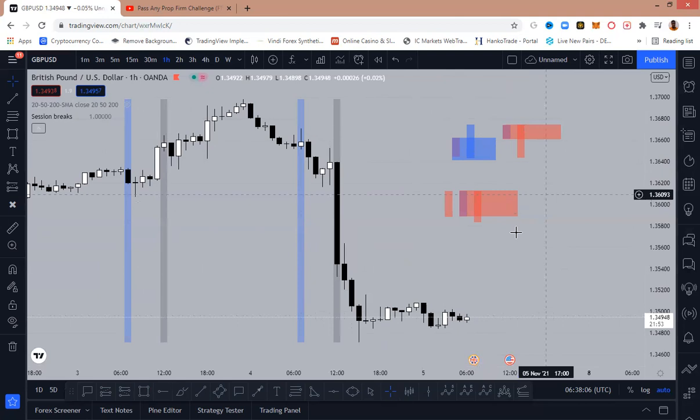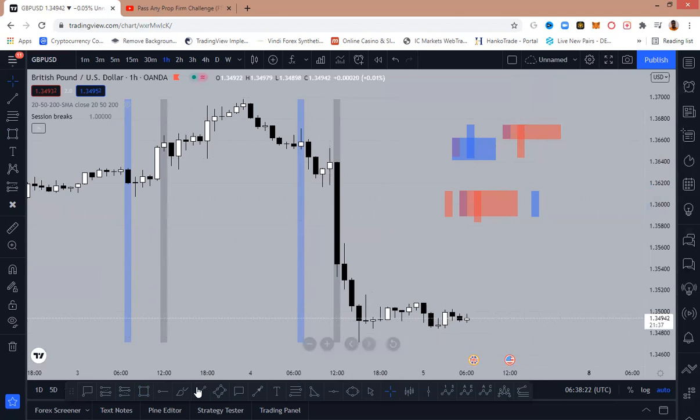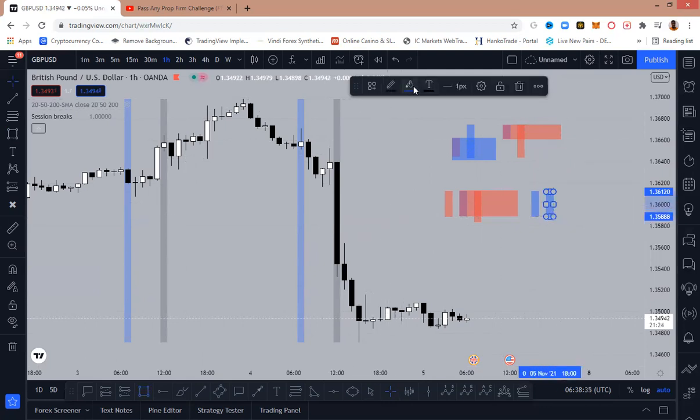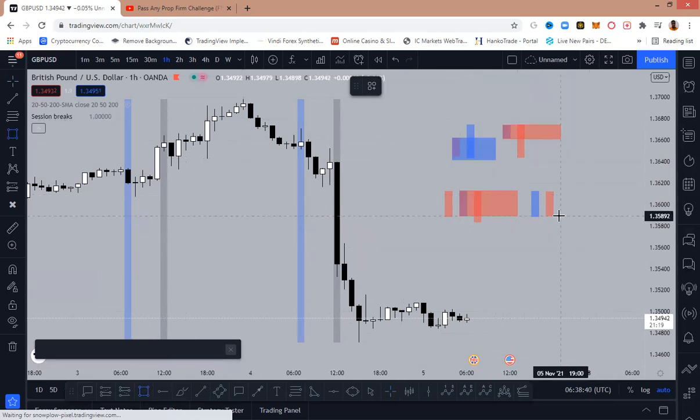The same thing, if you invert this, we have a bearish, bullish order block. This candle will be blue, and then the next candle will be bearish, and then this one will be bullish.